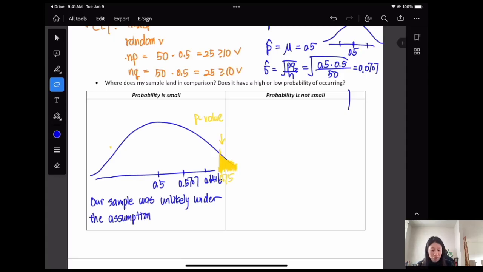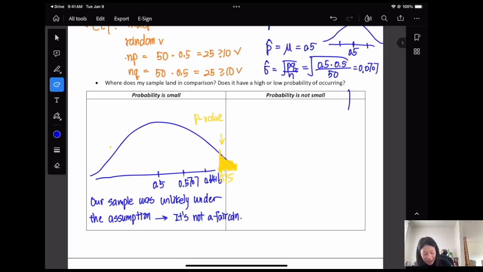Our assumption is that this is a fair coin. If the sample is unlikely under that assumption, then this is not a fair coin, so this is statistically significant.